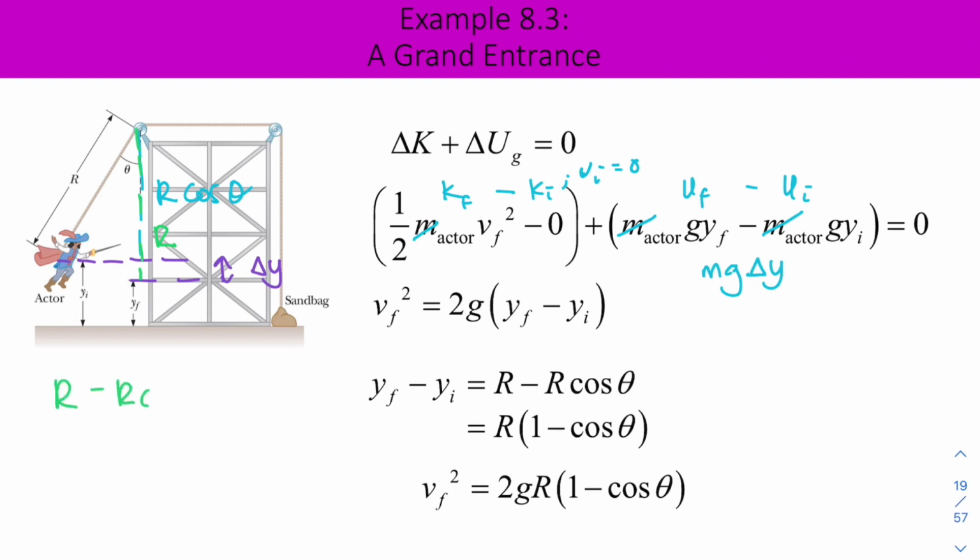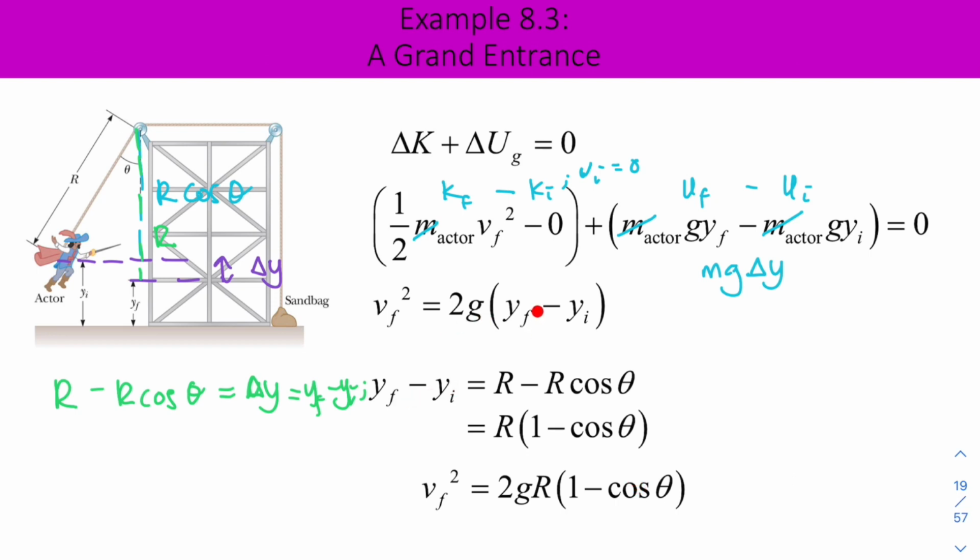So r minus r cos theta is actually equivalent to delta y, or y final minus y initial. From here we can simplify in terms of trigonometry to figure out the formula for theta.